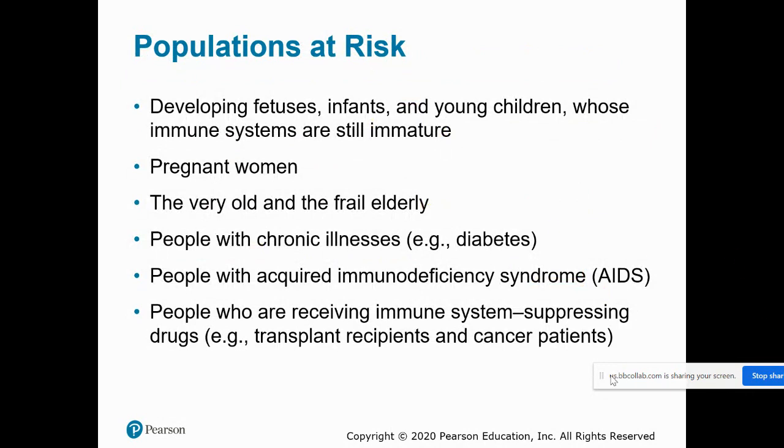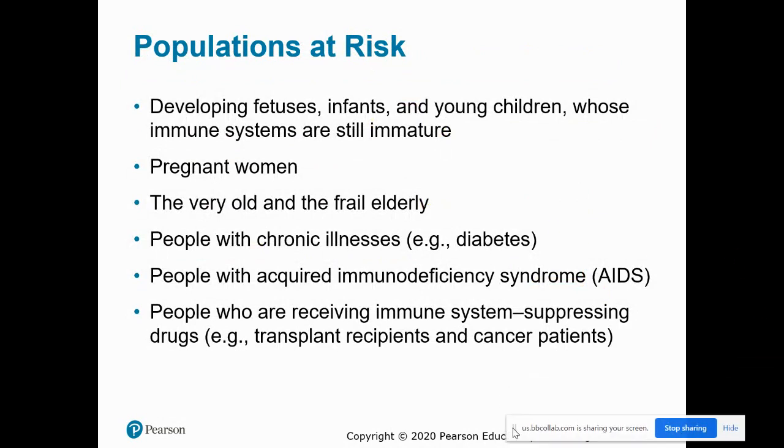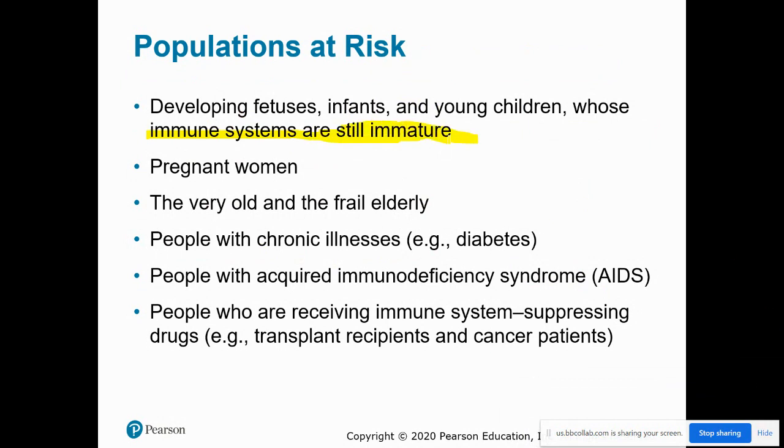So really anyone is at risk of being exposed to or ingesting something that could cause a foodborne illness. But certainly anyone whose immune system is either compromised or developing would be at a greater risk.